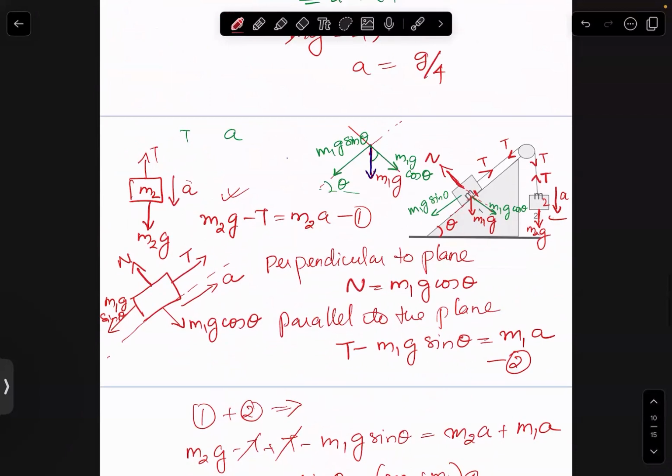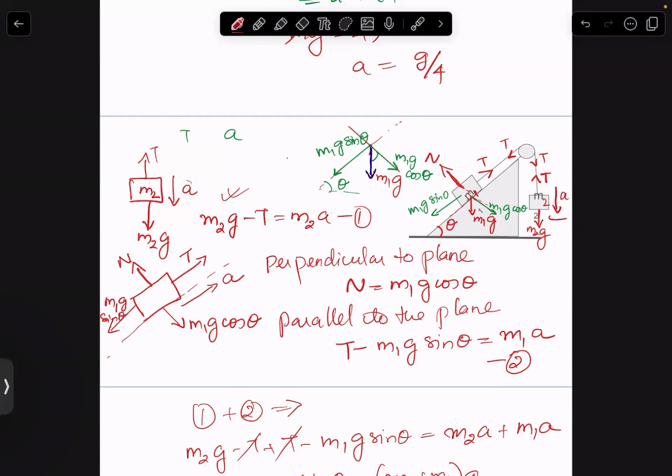So every time you have to focus on the fundamentals. What are the fundamentals? In the same string, tension along the same string is going to be constant. If it is a massless string, I repeat, if it is a massless string, then the tension along the string is going to be constant. The second thing is, in an inclined plane, you should know to resolve the vector into the respective components, which are along the plane and perpendicular to the plane.